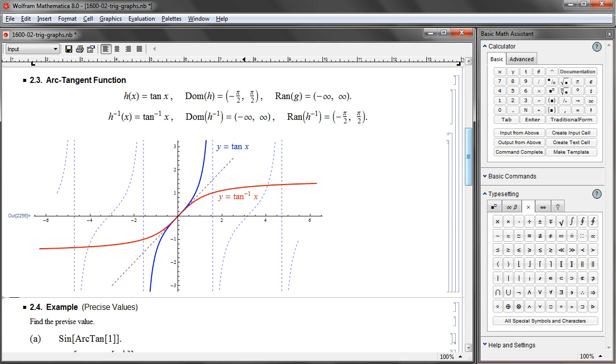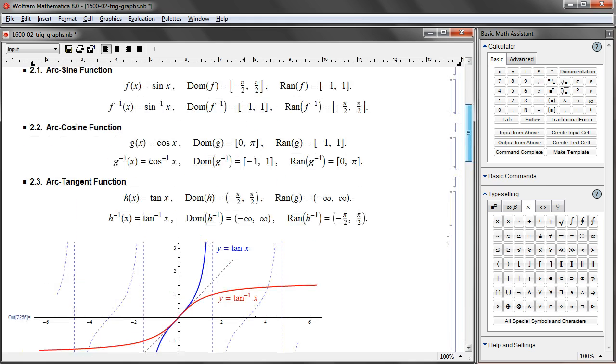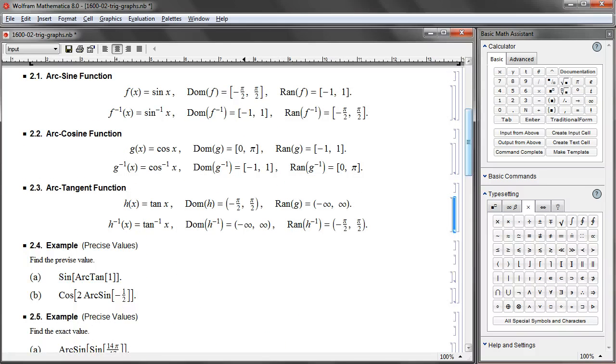And instead of those two vertical asymptotes of the tangent function, x equals negative pi over 2 and x equals positive pi over 2, we end up with a couple of horizontal asymptotes, y equals negative pi over 2 and y equals positive pi over 2 for the arctangent function. It's an interesting quantity there. It'll turn out that among those three inverse trigonometric functions, arctangent will be the most important in calculus. Here in trigonometry, arcsine and arccosine are equally as important or more.